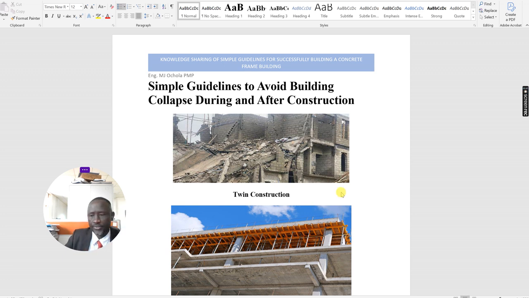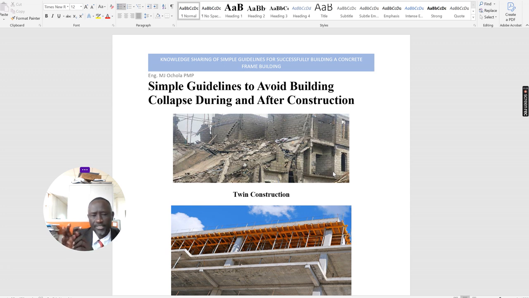In the picture you see here we have twin construction. I think this is where we normally build walls. After building walls, leave some gaps, and then later on you put your column. So it is more or less unreinforced walls made of blocks or bricks.